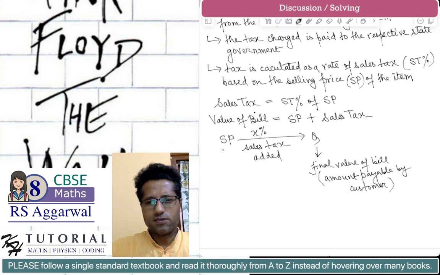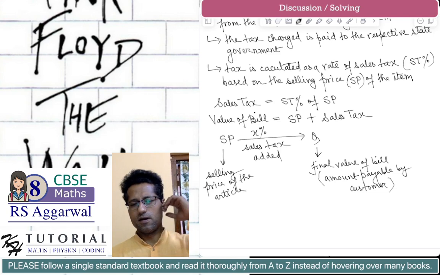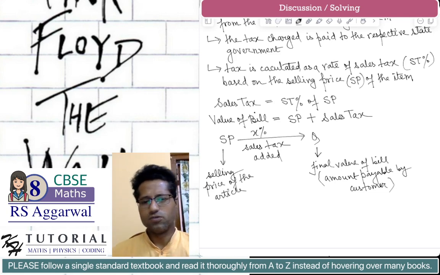This is the selling price. SP, as we know, is the selling price of the article. So, a customer is buying an article whose selling price is SP, and the customer has to pay a sales tax at the rate of X percentage, and so the final amount payable by the customer is Q, which is also known as the value of bill.